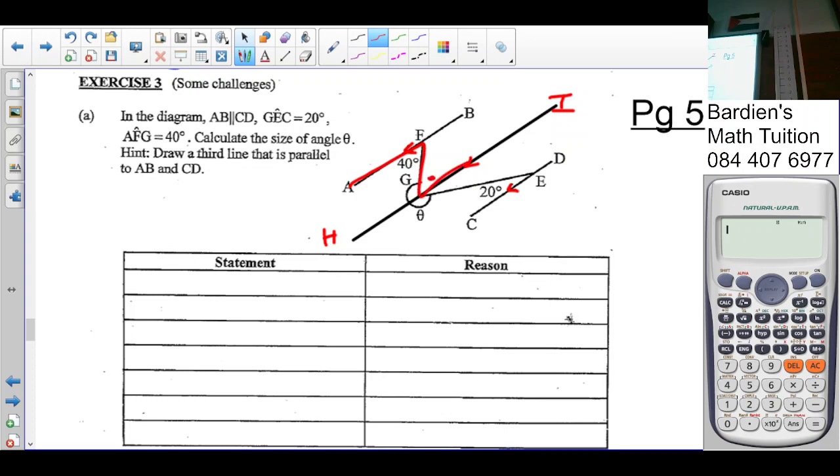But what do they want? They want the theta angle, which is this angle here. Remember, theta, alpha, beta, omega, they are all unknown angles. The same as you use an x, a y, and a z. Like what's x plus x? 2x. What's theta plus theta? 2 theta. What's x times x? X squared.